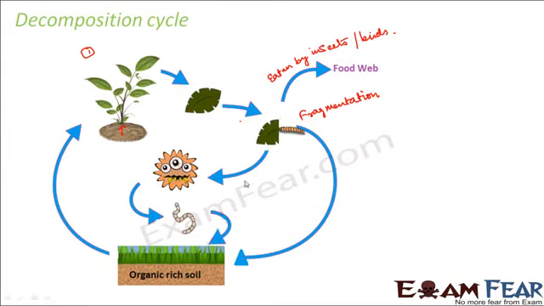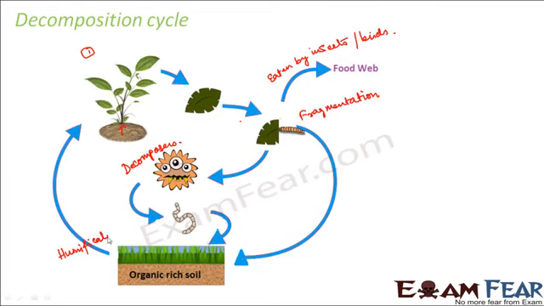Fragmentation will be followed by leaching, where the water-soluble nutrients will dissolve and get deep down into the soil horizon. And then whatever remains will be acted upon by the decomposers. These decomposers will act on the material which is left out, and then finally this leaf will get deep inside the soil, and inside the soil humification will take place.